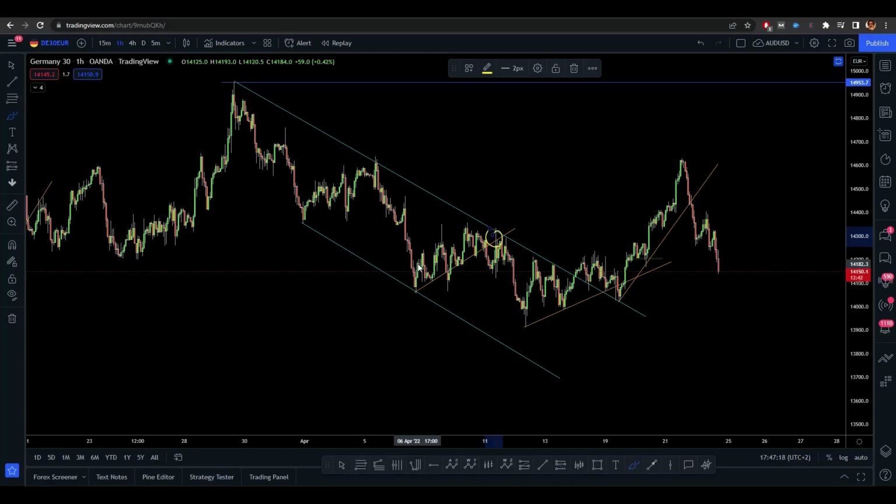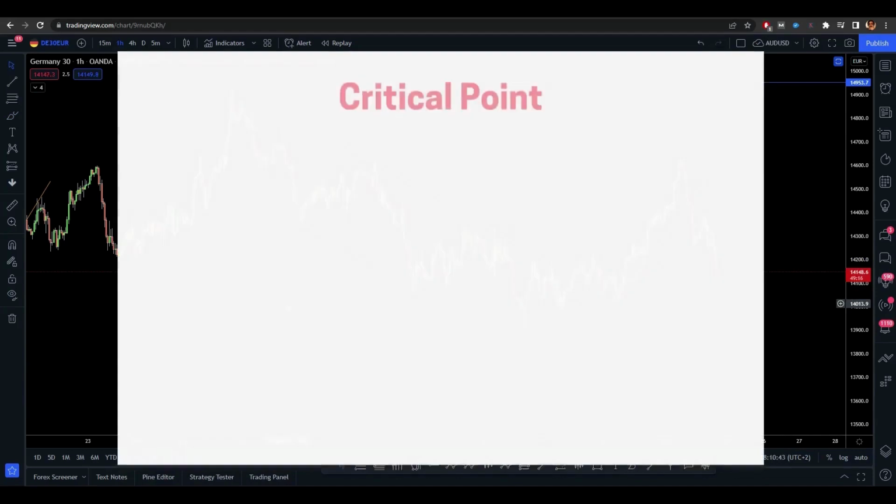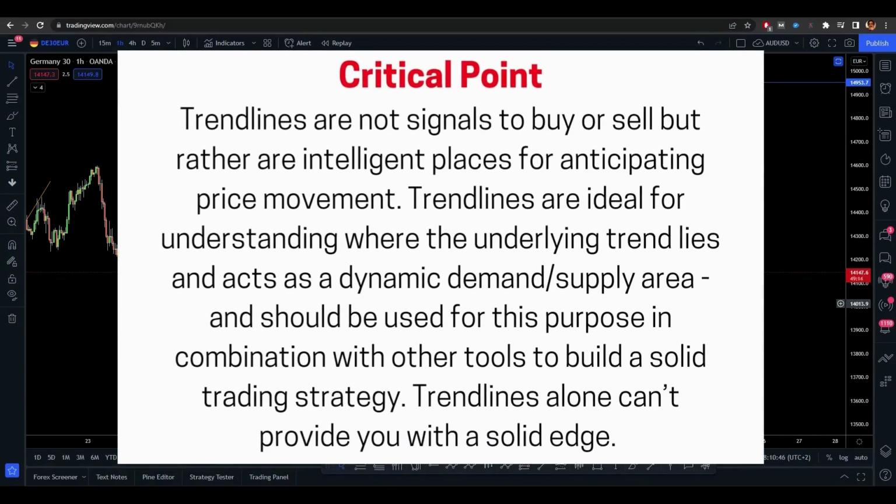If the support resistance zone is violated though, as we see here where it is broken, a low risk stop can be put just above the line or below the line, depending on whether it's an uptrend or a downtrend. Before we continue, trend lines are not signals to buy or sell, but rather are intelligent places for anticipating price movement.